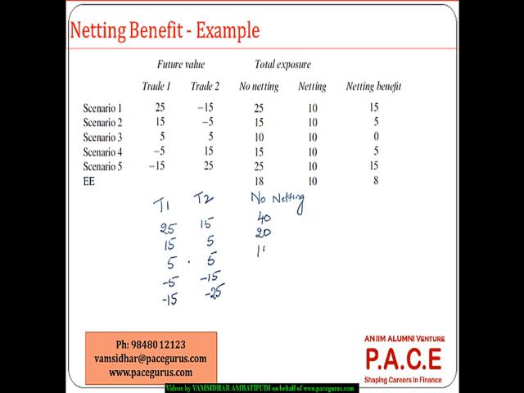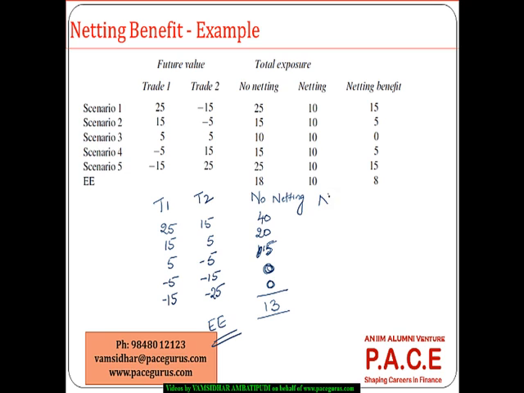Here it is only 5, because I have taken this as minus 5, and here it is 0, because both of them are negative, the exposure is 0. And here also, because both of them are negative, the exposure is 0. So without netting, these are the exposures: 65, divided by 5, I am getting 13 as the expected exposure.